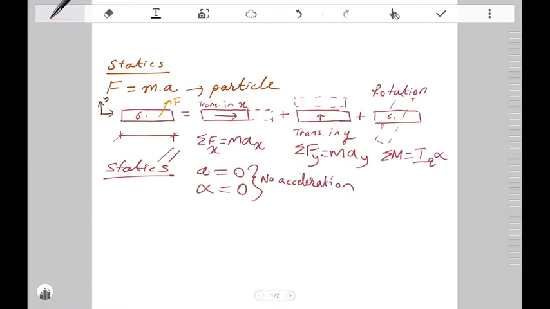So by using that, we say that for a system to be in static equilibrium, if we are examining the structure in two-dimensional plane, we must have the total sum of the forces anywhere in the structure equal to 0.